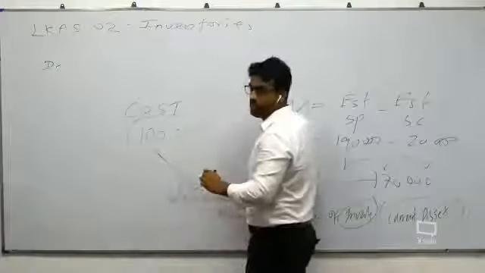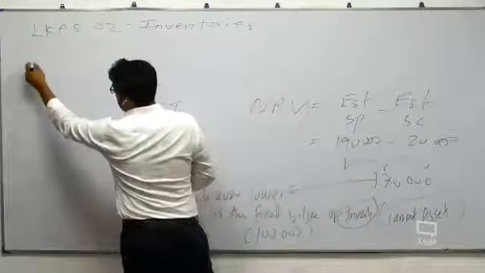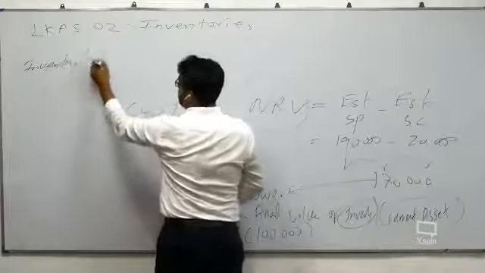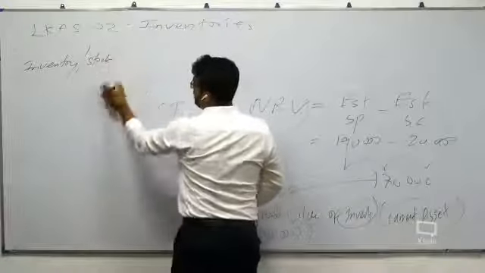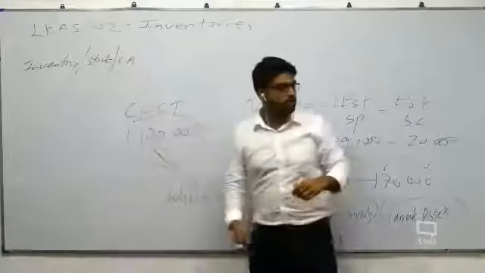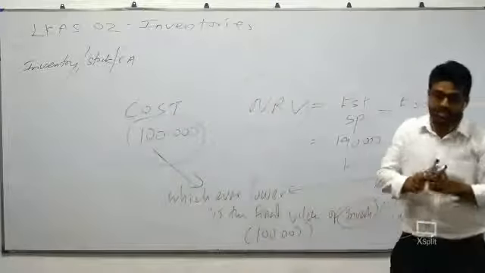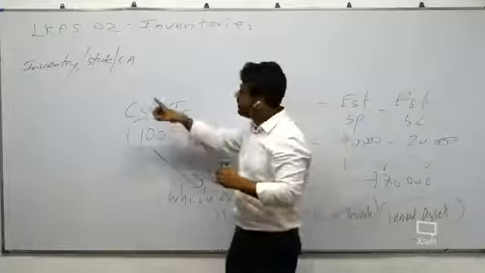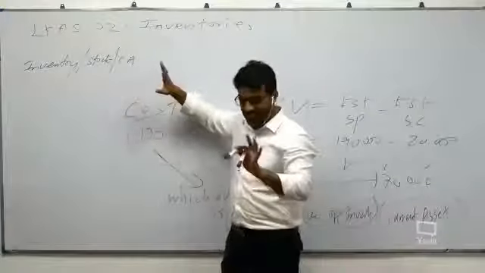Now the double entry for inventory account debit, stock account debit, or current asset debit. Some students will write CA, later you'll say that's chartered accountant, CA. Current asset, better you write current asset.